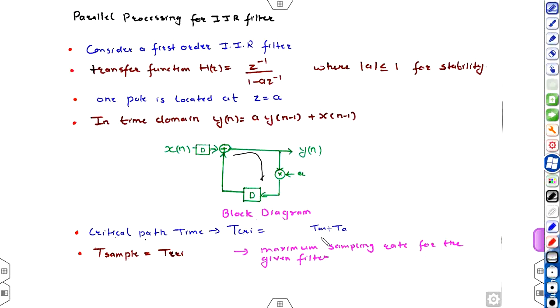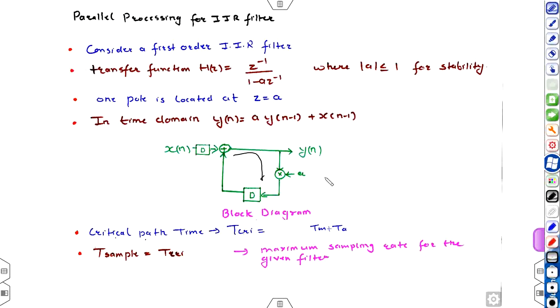If we want to increase this, then we have to either pipeline this system, or the alternative is parallel processing. We can increase the sampling rate by parallel processing.